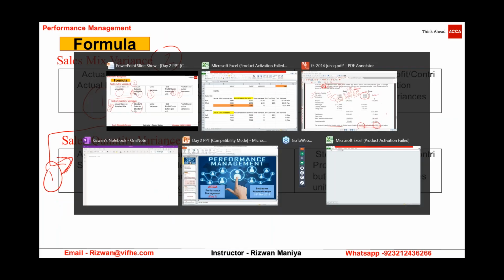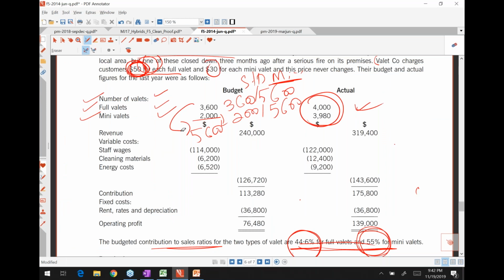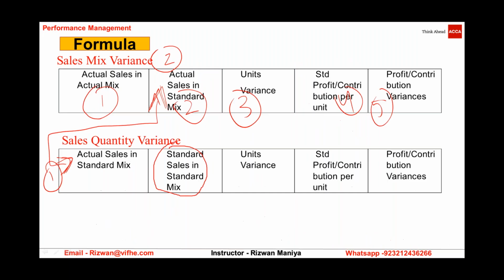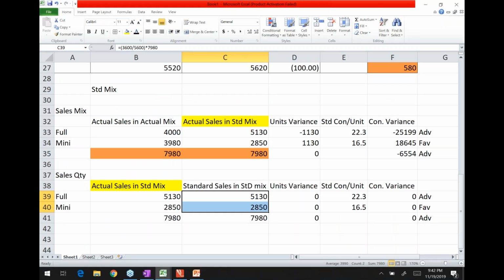In the scenario, you can see standard sales in standard mix is given, and these are the figures. So it's 3600, 2000, and yeah, here is the answer. We are done with the answer.